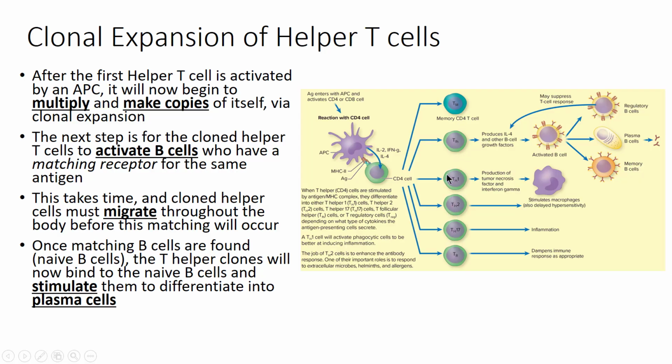And then the helper T cells migrate even further, finding a specific matching copy of a B cell. That B cell now goes on to clone itself into multiple variations of B cells, one of those being a plasma cell, which then goes on to produce the antibodies. It takes time for all that to happen.